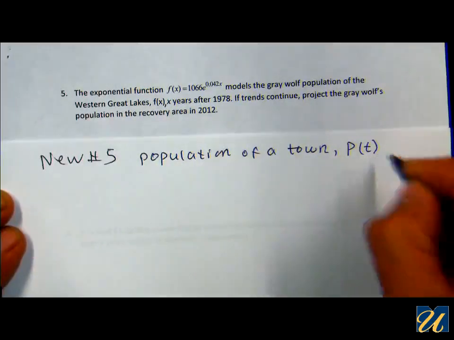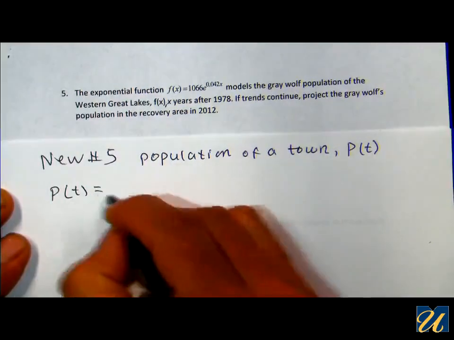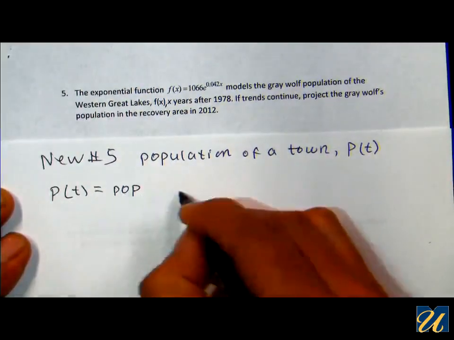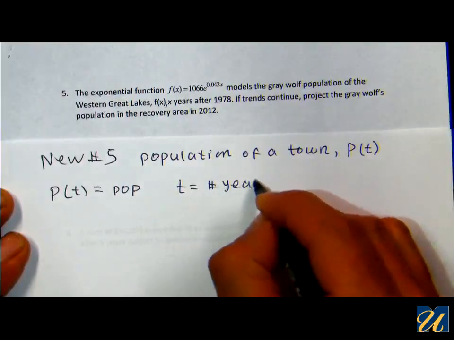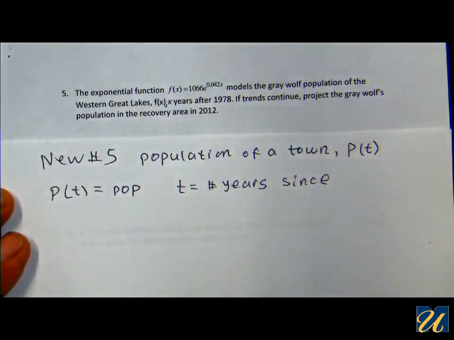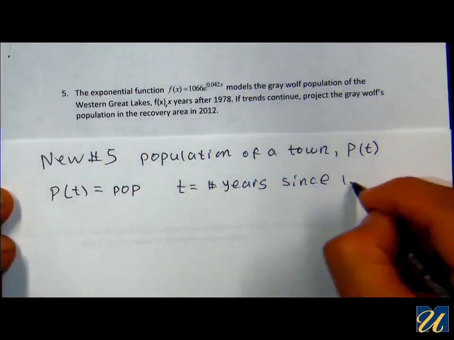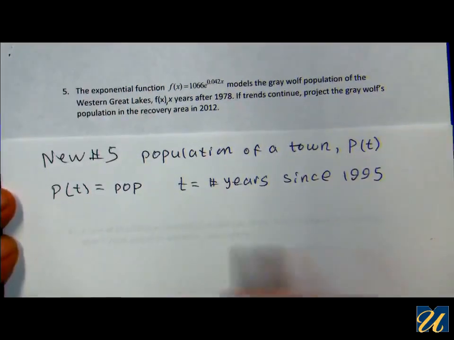P for population, T for time. So P of t is the population, and then T is number of years, let's say since 1995. So we'll measure time from 1995 forward, and P of t will be the population.